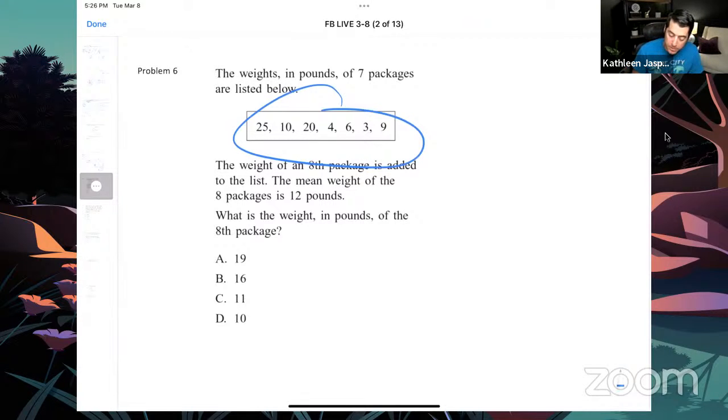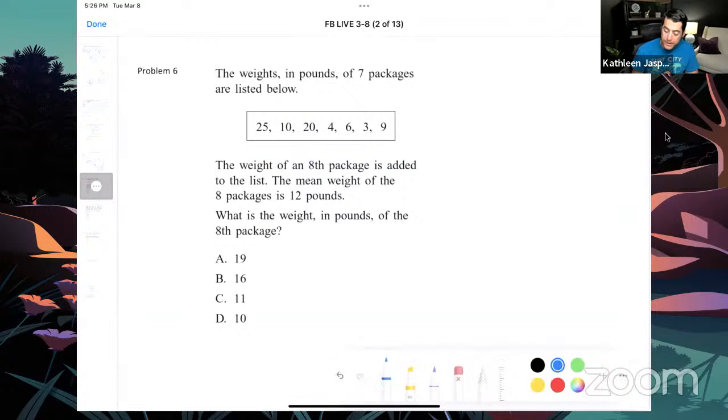That's what these values represent here. And then they give us an eighth one, but we don't know what that eighth one weighs. But then it says all 8 have a mean of 12 pounds. So what is mean? Mean is average. So we're going to have to use average to solve this problem.